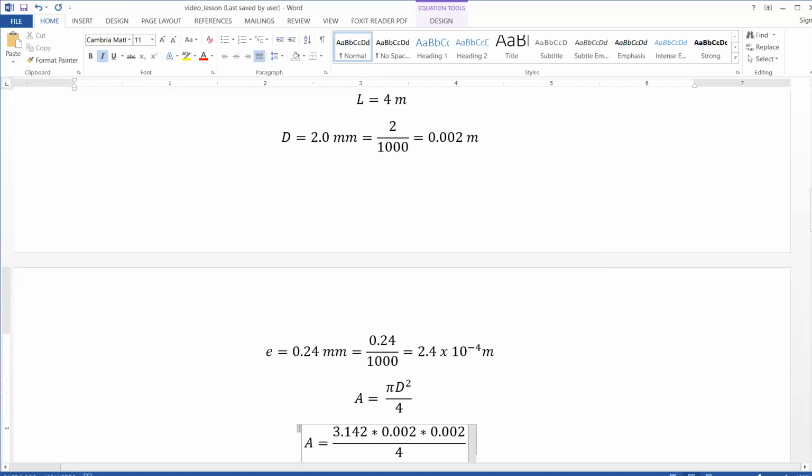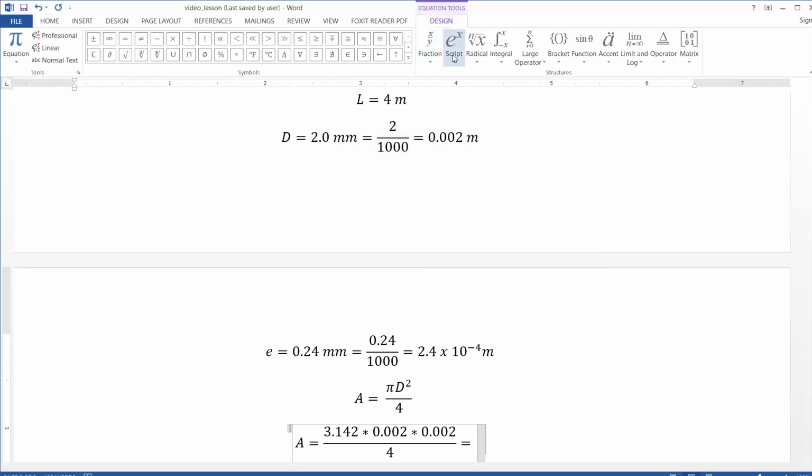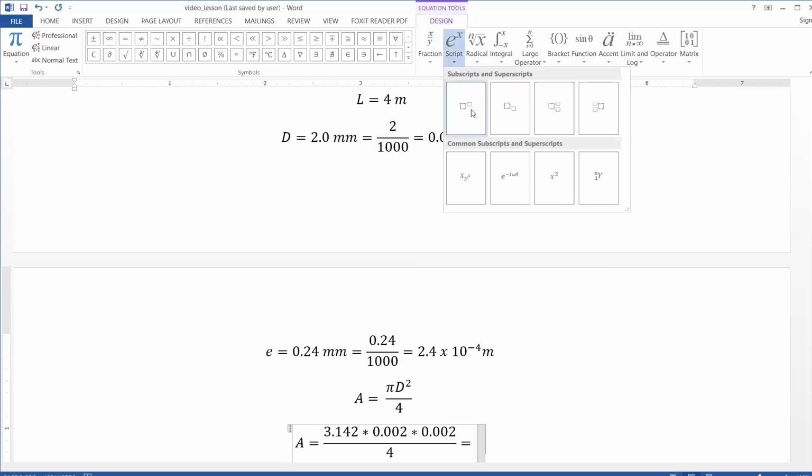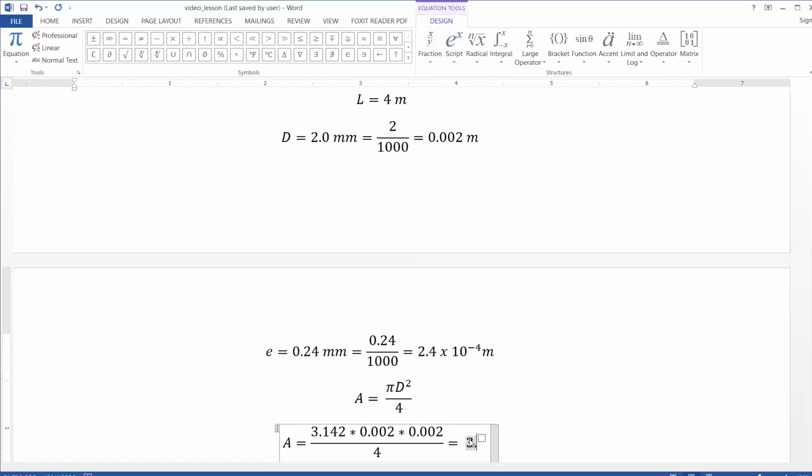So all of this put together gives us area as 3.142 times 10 to the power minus 6.